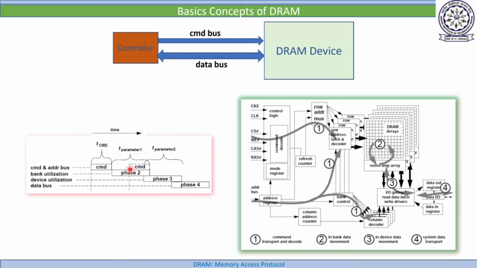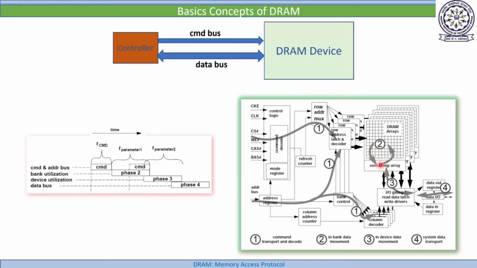Row activation done. Now suppose there is another command, read column. Read column means that the column address will come through here, and through the column decoder the column address will go here, and data from the sense amplifier will be coming here. So doing this, first of all, we are accessing the bank.